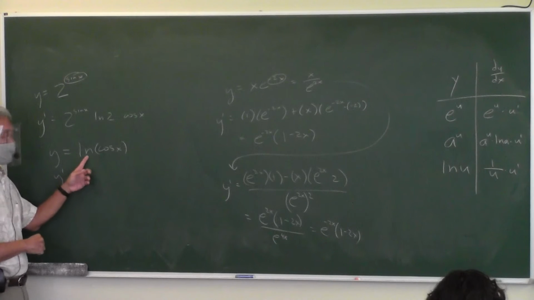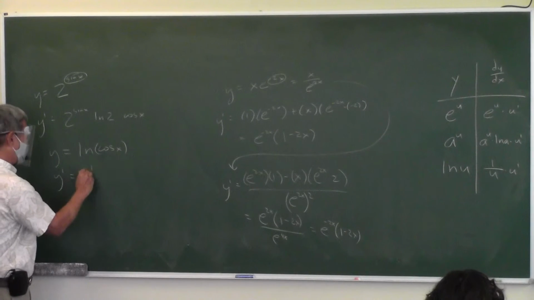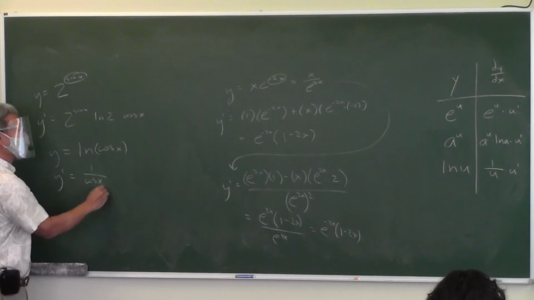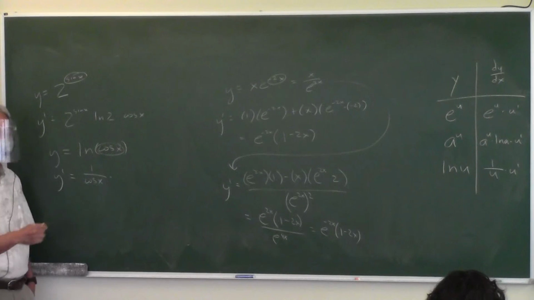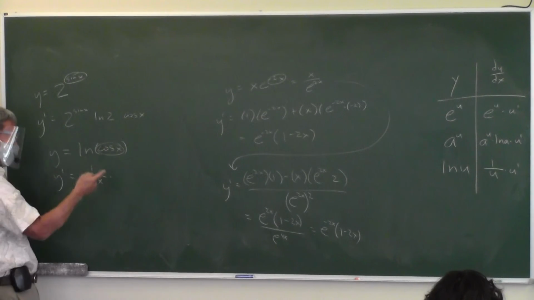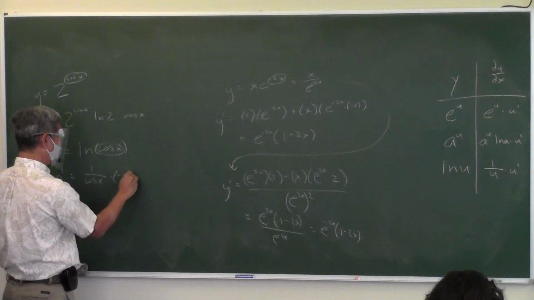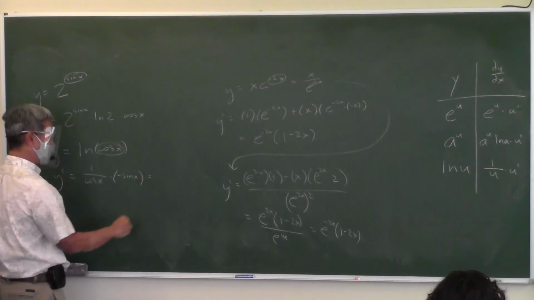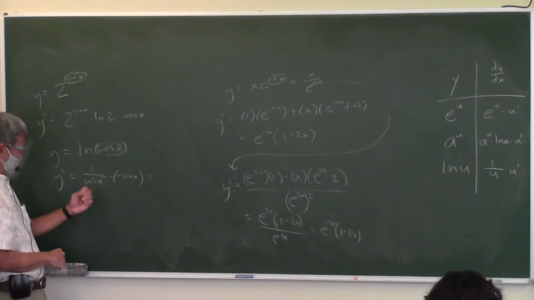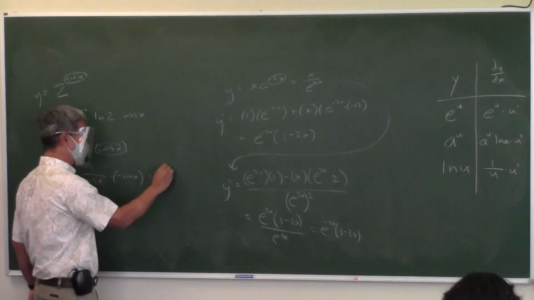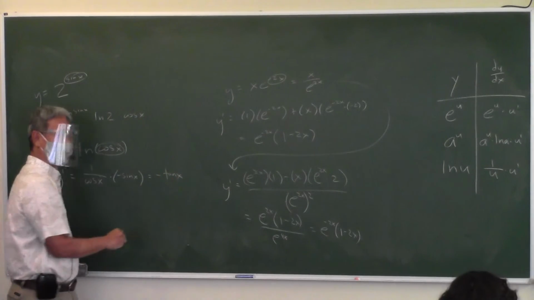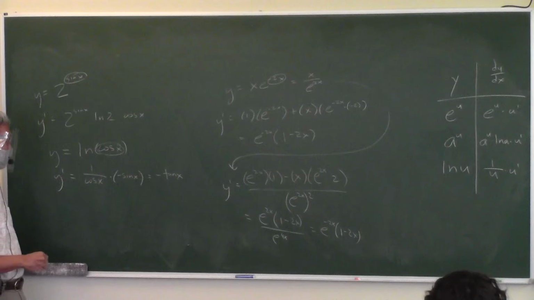What's the derivative of natural log box? Is it just 1 over box? No, you have to multiply it by the derivative of box, which is negative sine x. And then of course, you simplify it to negative tangent x. That's the hardest part, to simplify.